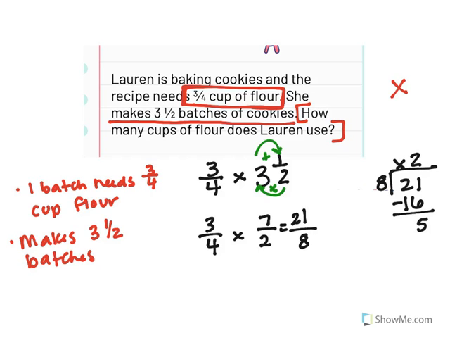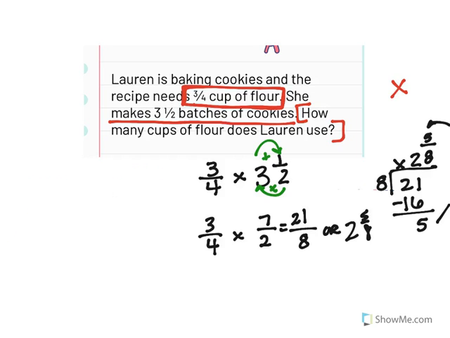But we're going to take our remainder and write it as a fraction in our answer. So we have 2 and 5/8. So if Lauren uses 3/4 cup of flour for each of her 3.5 batches, then altogether she uses 2 and 5/8 cups of flour.